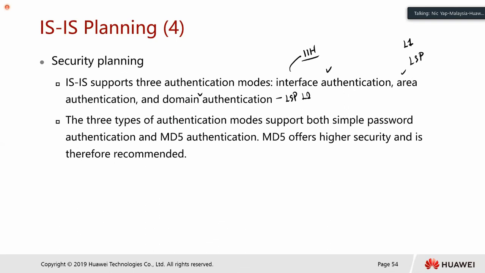So this is the security planning that needs to be done. They support both simple password and MD5 authentication. Definitely MD5 offers higher security, and that is recommended. That is all on the planning for ISIS so far.